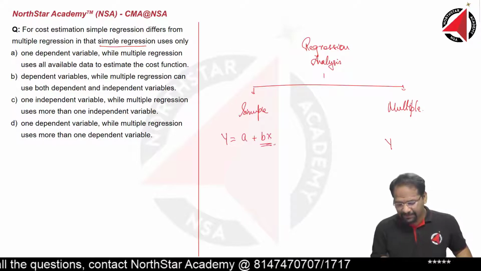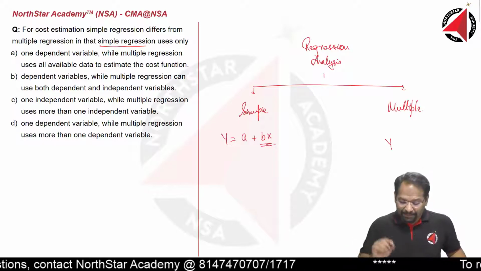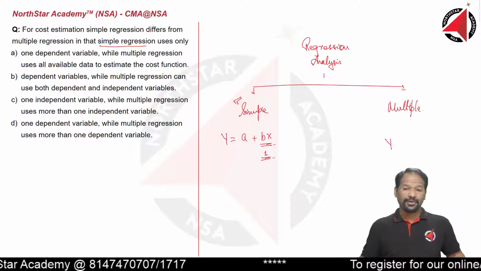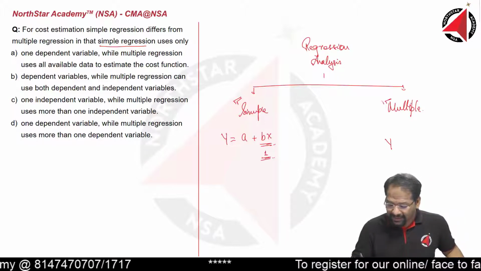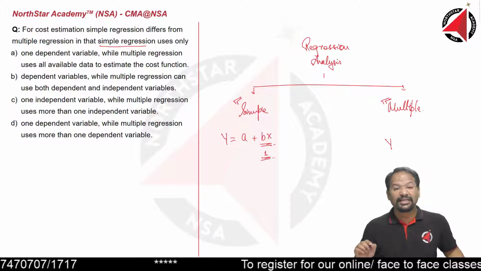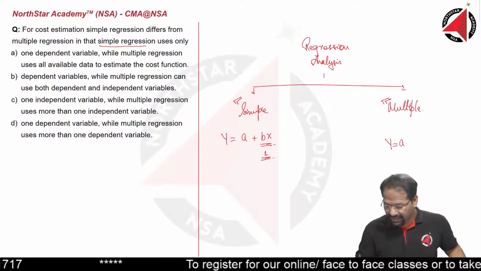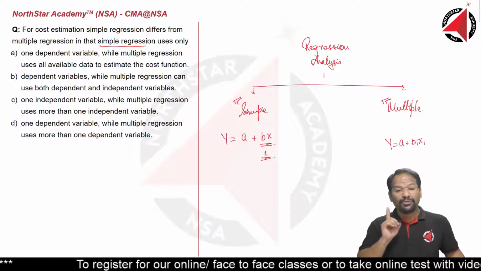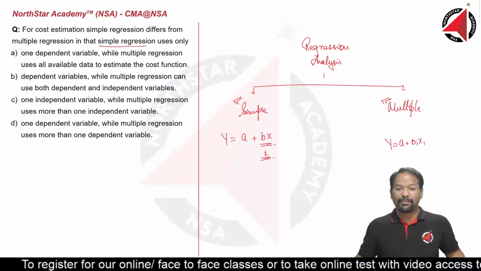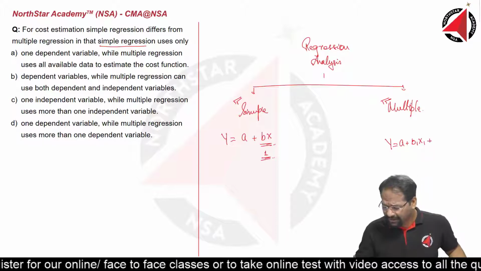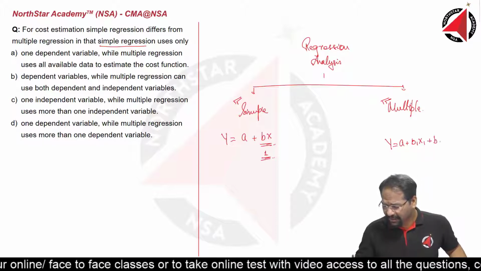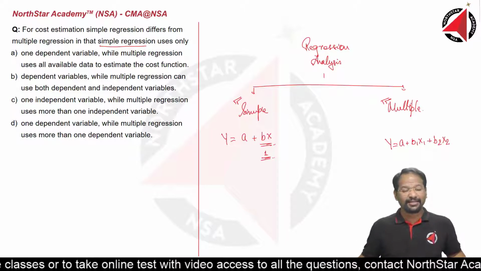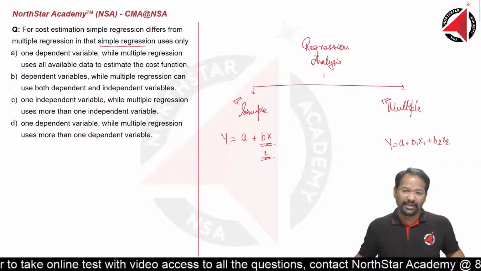Under simple regression analysis, there is always only one independent variable, whereas under multiple regression analysis, y, the dependent variable, equals a plus b1 x1 if there is only one independent variable. If there are more than one independent variable, it keeps continuing. Suppose there are two, it will be b2 x2. If there are three, it will be plus b3 x3, till bn xn.